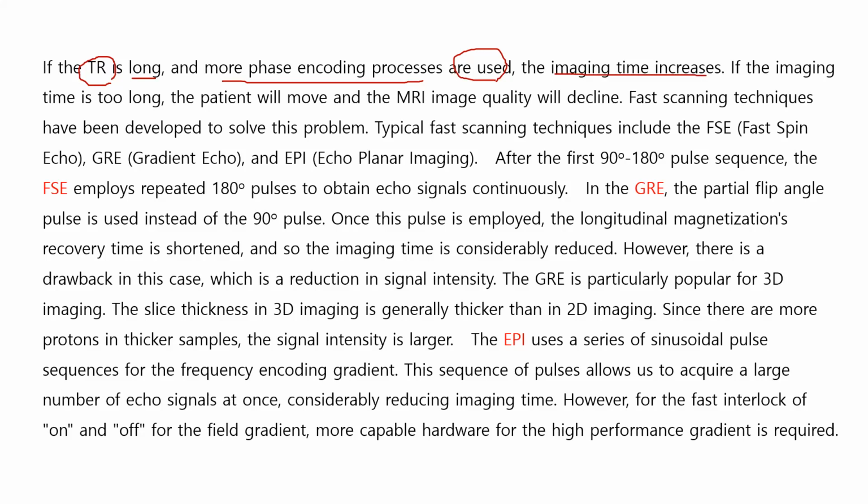If the imaging time is too long, the patient will move and the MRI image quality will decline. Fast scanning techniques have been developed to solve this problem. Typical fast scanning techniques include fast spin echo, gradient echo, GRE, and EPI, echo planar imaging.